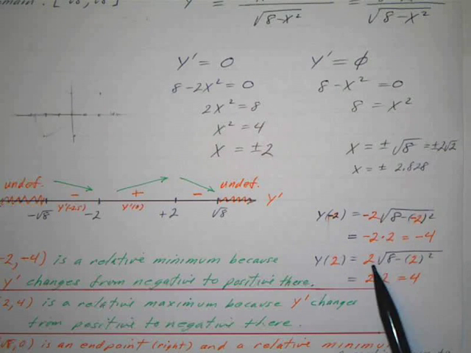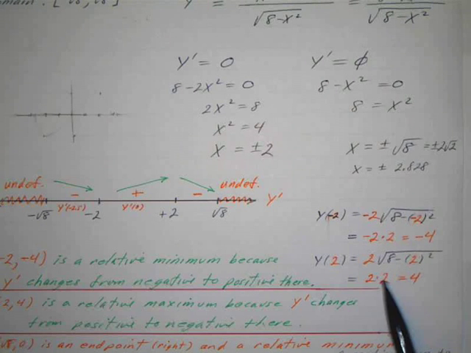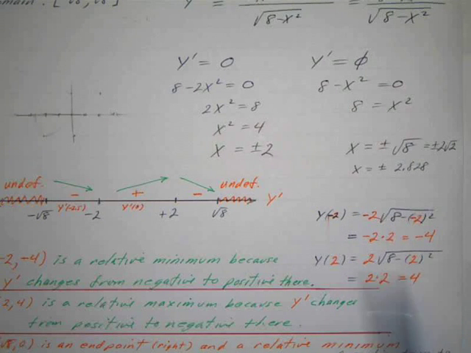And then y of 2 equals 2 times the square root of 8 minus 2 squared, which is 2 times 2, which is 4. So these are the values I get. My points are going to be negative 2, negative 4, and 2, 4.